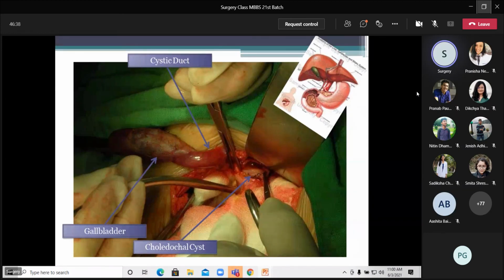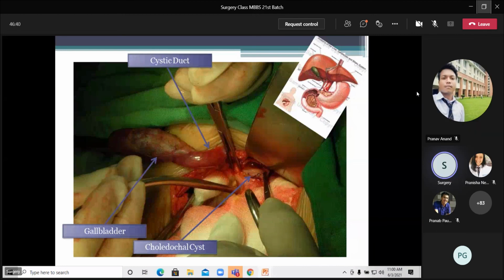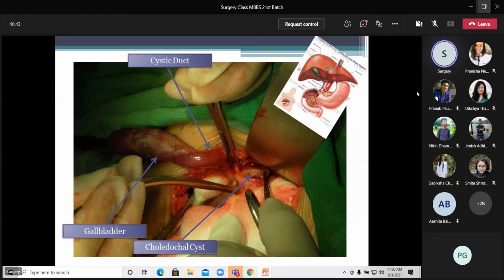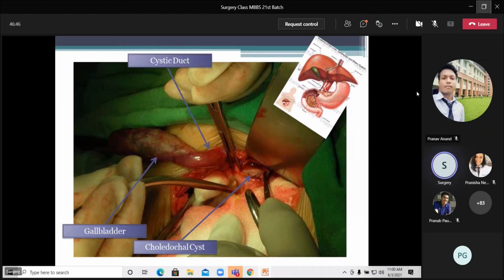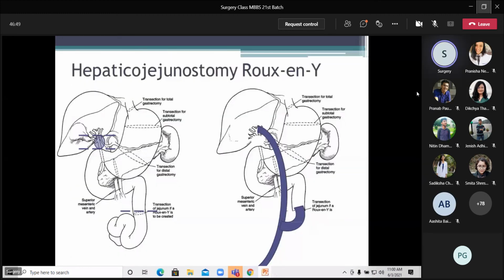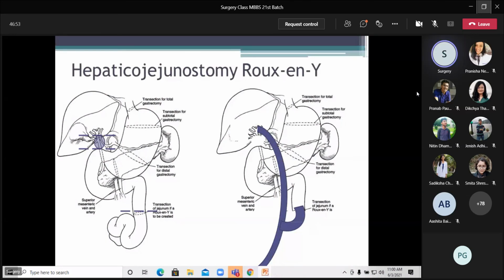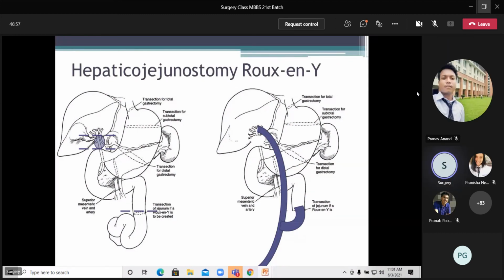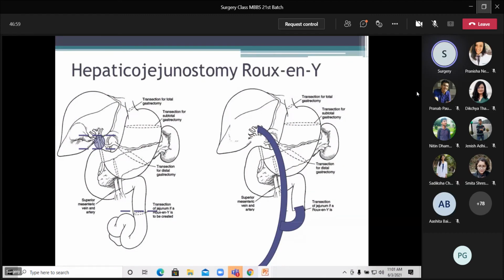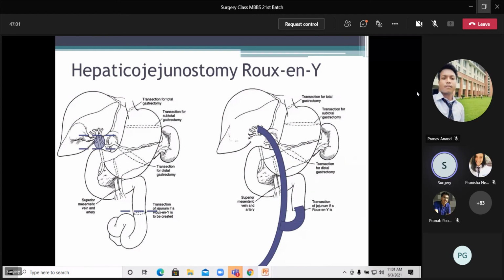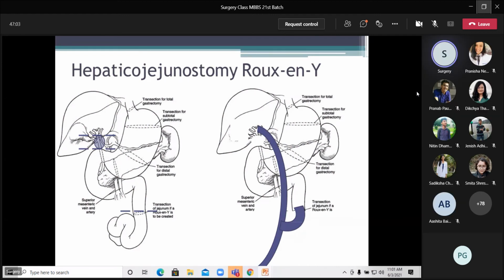Can you see that? The choledochal cyst being excised. Here is how you make the anastomosis: you remove the cyst that is on the left side of your screen, that dilated part, and then you connect the jejunal loop, the bluish thing, to the hepatic duct.